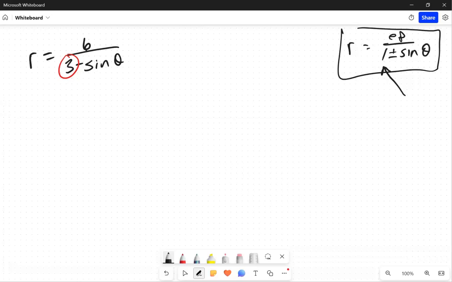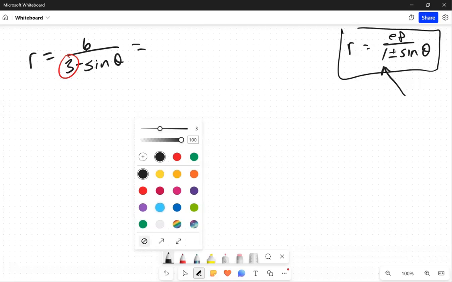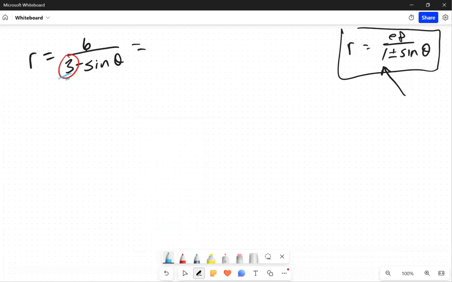All right, so over to the equation we have, I need to rewrite this so that the 3 becomes a 1. The way I can do that is to turn the 3 into a 1 by dividing everything by 3. So notice that there is a 1 right here right now.